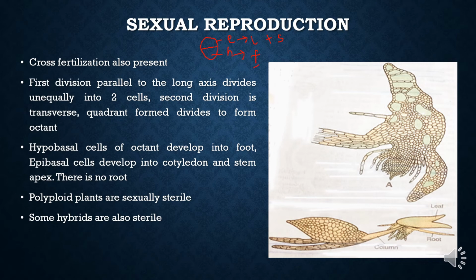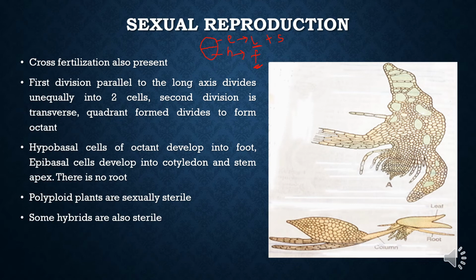So this foot basically has the function of the suspensor cells, that is, it absorbs nutrients from the gametophyte for the growth of the sporophyte. And as soon as this cotyledonary leaf is formed, the function of getting nutrition is taken over by the leaves.